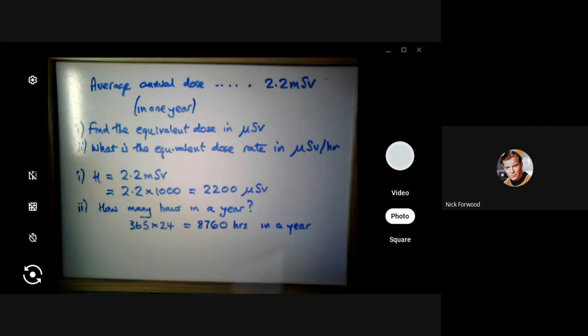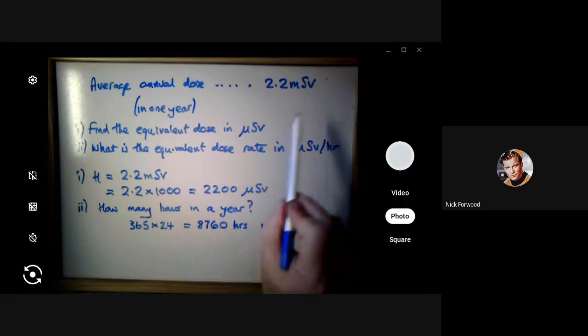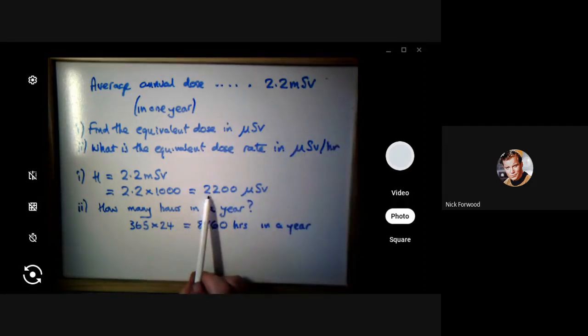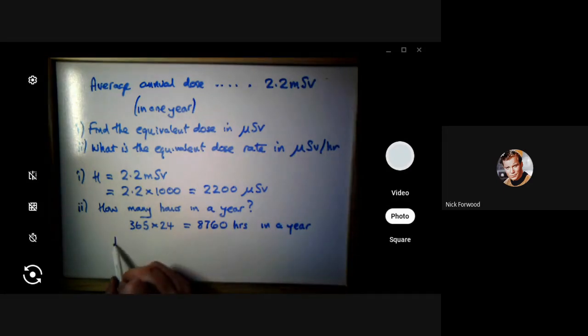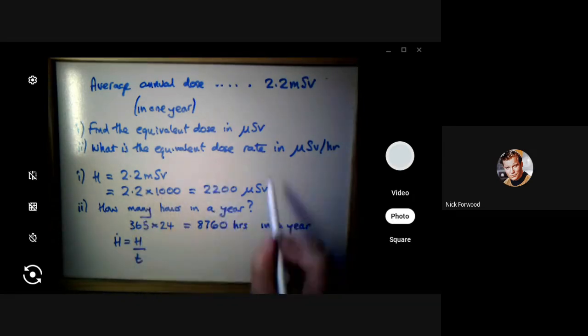So what's this 2.2 millisieverts, which we've already changed to 2,200 microsieverts in a year? What is the rate in an hour? So here is our H dot equals H divided by T. I'm not going to do the little table because I've already got everything there.